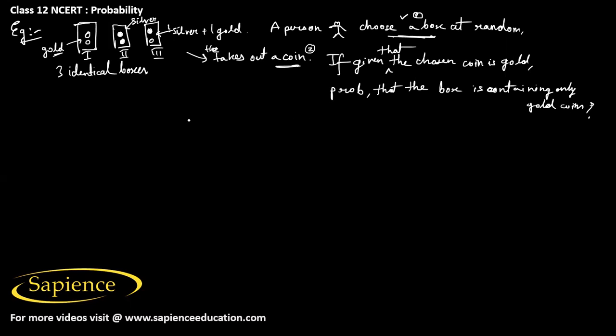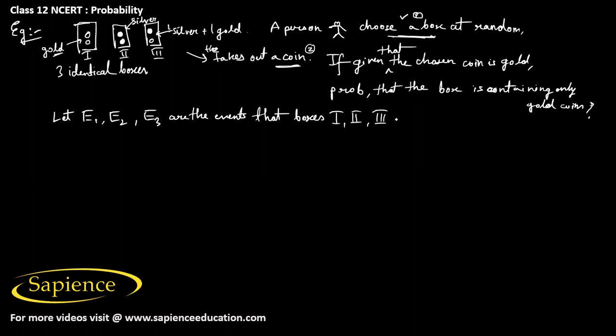So here, let E1, E2, and E3 be the events that boxes 1, 2, or 3 are chosen respectively.